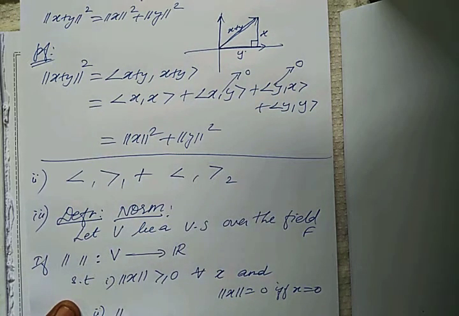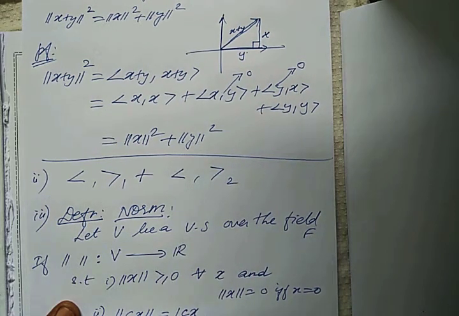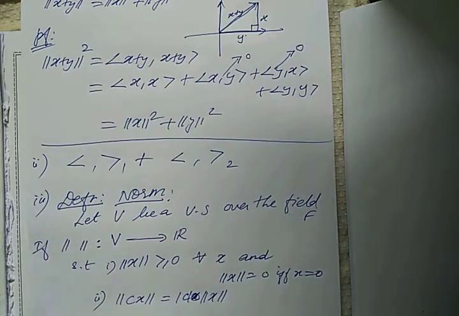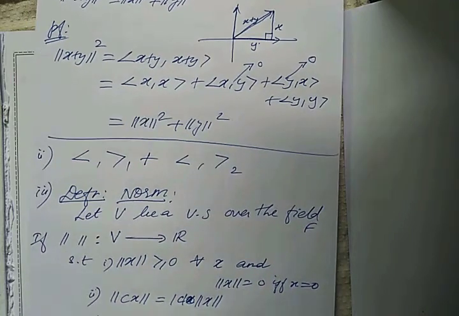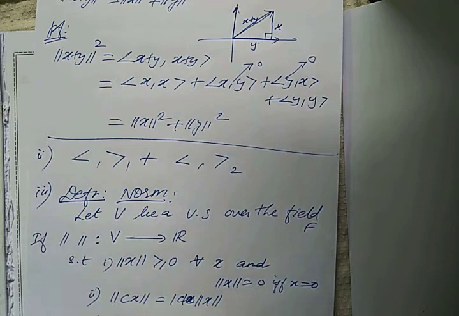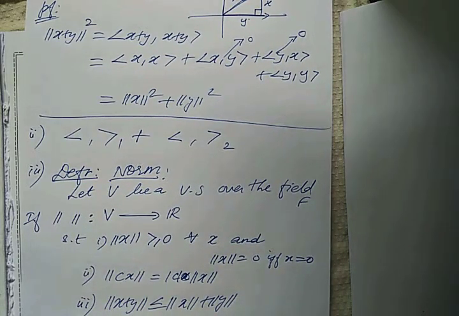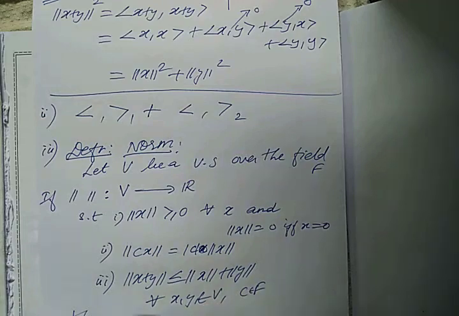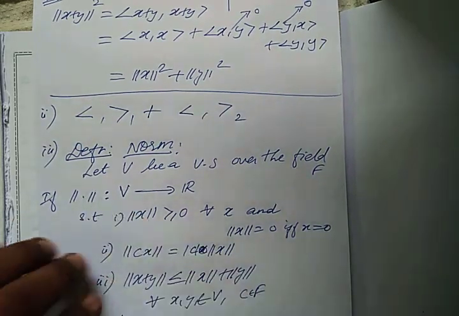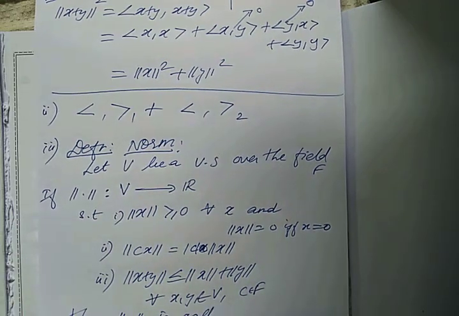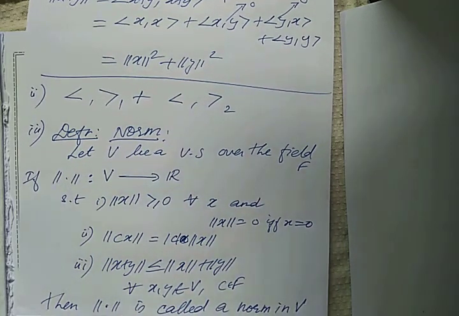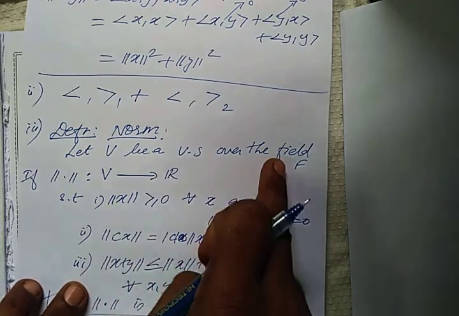Second thing is norm cx is equal to mod c times norm x, where c is a scalar in F. The third condition is norm x plus y is less than or equal to norm x plus norm y, for all x comma y in V and c in F. Then this one is called a norm in V.